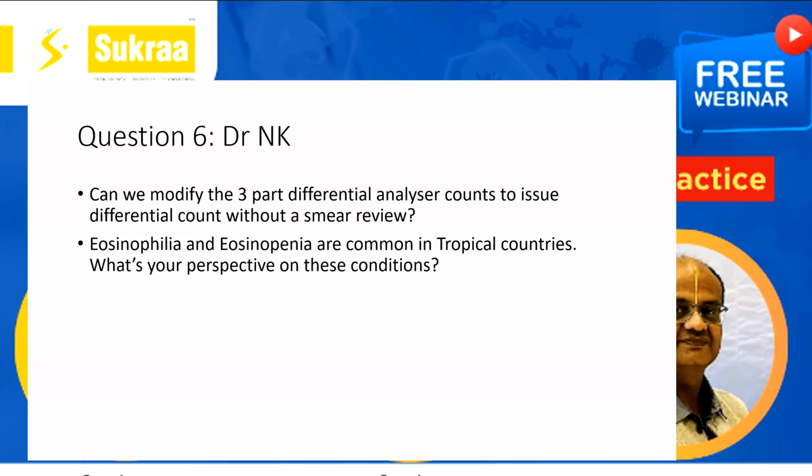That will be very apt. And the concepts of eosinopenia and eosinophilia, where you told us the reasons, are well accepted. What are your experiences with eosinophilia and drug reactions? Have you come across any such instances?